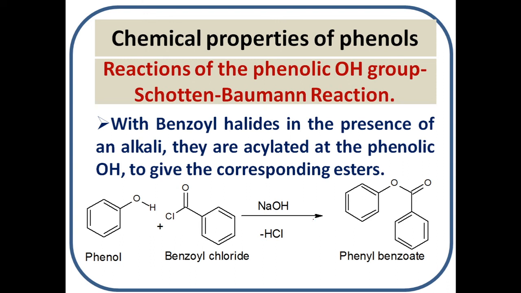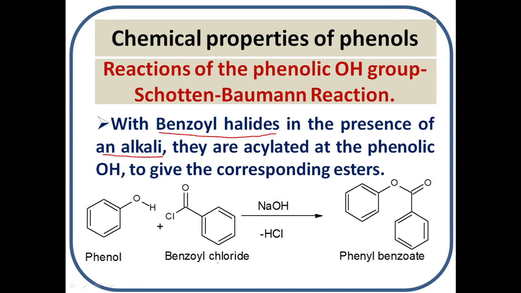Instead of acetyl chloride, if you are taking benzoyl chloride, say in the presence of benzoyl halides, and if we carry out the reaction in alkaline medium, then the reaction is termed as the Schotten-Baumann reaction. Here the reaction takes place in the same way as we have explained in the case of acetyl chloride.